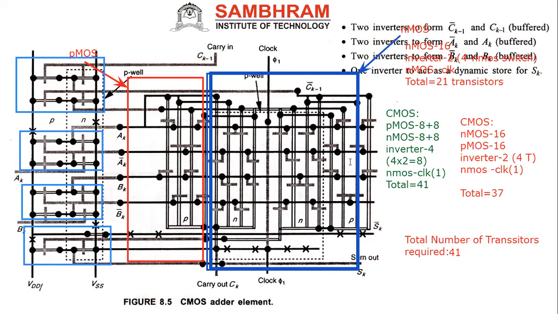Now this one adder element is sufficient to generate n number of adders. If you want to design a 4-bit adder, what do you need to do? You have to use this 1-bit adder 4 times. So my standard basic gate cell is nothing but this. Correct? So this is what we have to do.